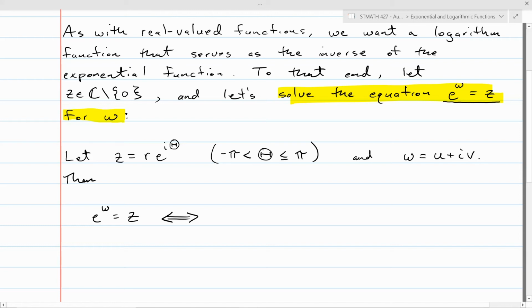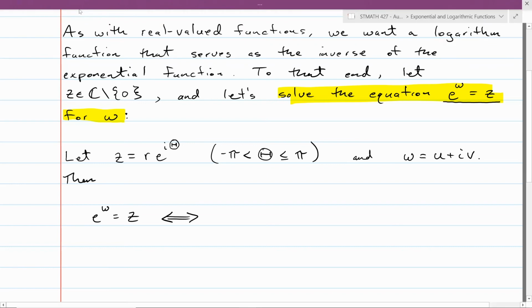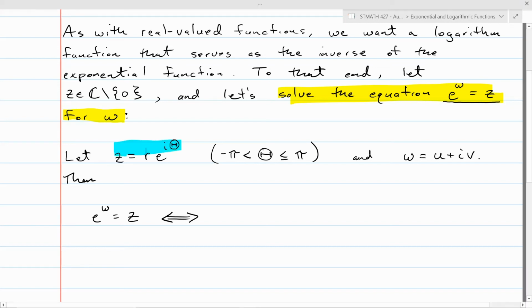So to start with, we've got to put our two numbers that are involved here into some sort of complex number form. It'll be convenient to take the number z. So z is sort of the given, and we'll write it in its exponential form: r times e to the i times capital theta. Capital theta is just like the principal argument of z, okay? w, we're just going to write it in sort of a standard complex number form, u plus i times v.